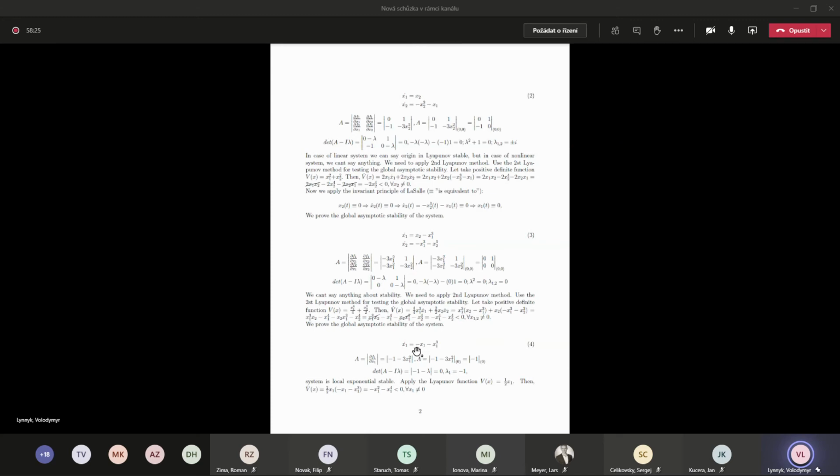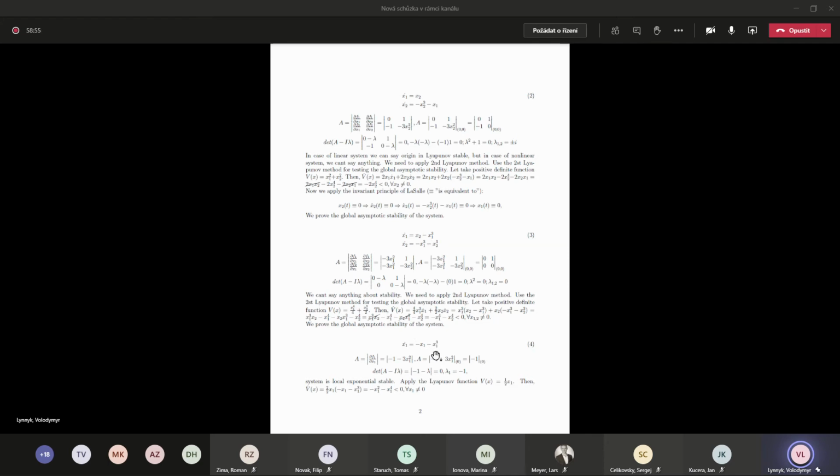When we apply the first Lyapunov method, or the indirect Lyapunov method, in nonlinear systems we only prove local stability. Here this system is globally exponentially stable, because the minus x1 cubed term is a stable, globally exponentially stable system.